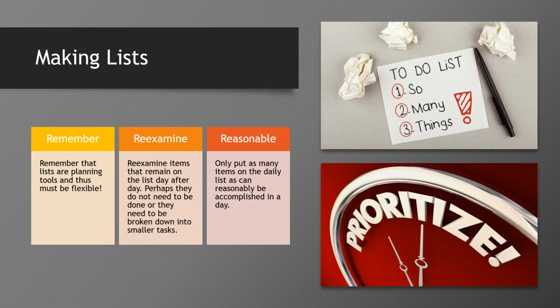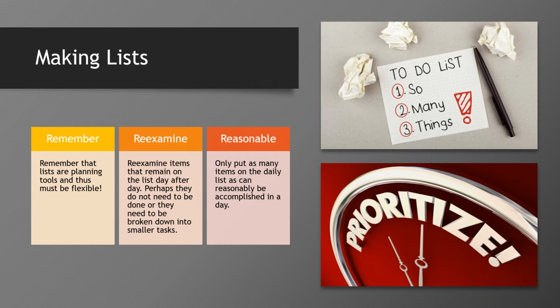When we think about making lists, we need to remember lists are utilized as planning tools and can and should be flexible. This means also remembering that each task on the list needs adequate time to complete with built-in time for any unexpected obstacles that may come up.